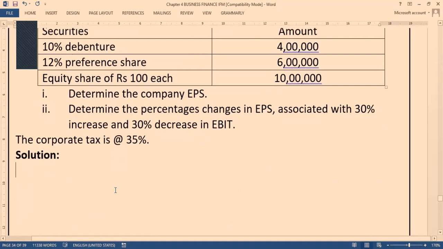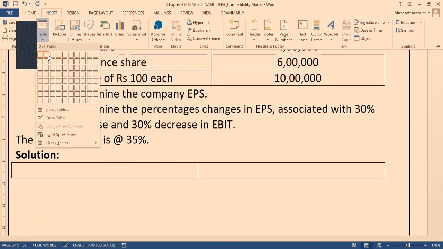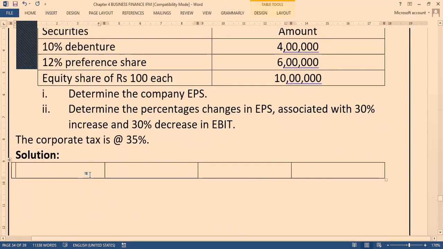Okay, for that, we have to use a separate format. You can just hold on. 4 columns are required because this is particulars, whereas here it is the original one. We can say the first part.